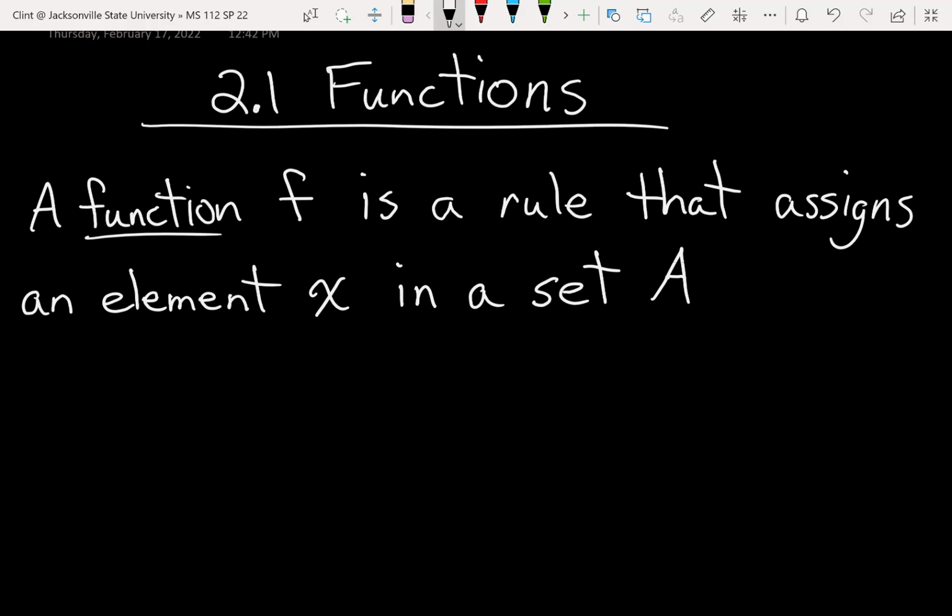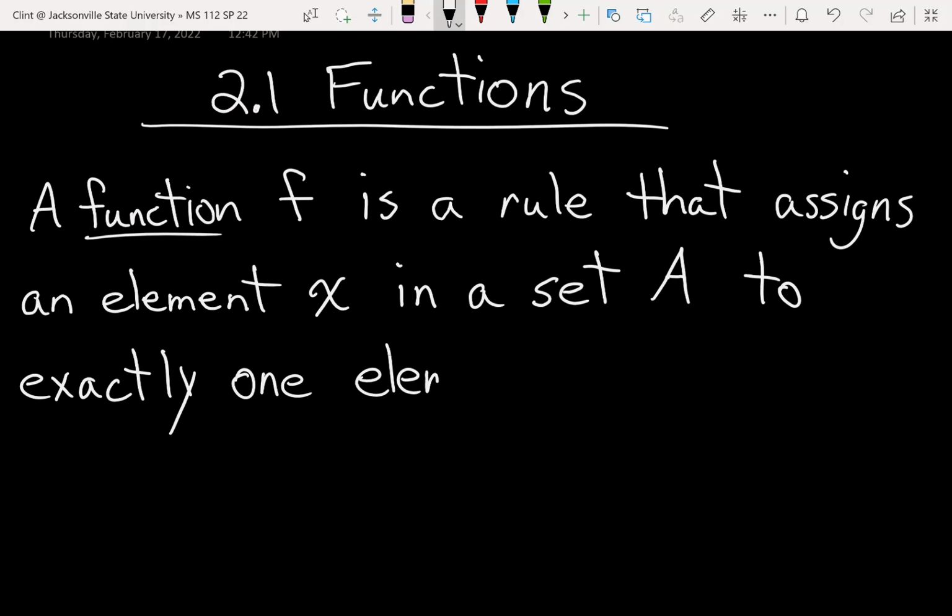And we're going to say x comes from a set, just a collection of things we're calling big A. We'll need that for some terminology we'll come up with in just a second. So it's going to take that x, whatever that is, out of our set A and assign it to exactly one other element. And we'll call that one the x gets assigned to f of x.